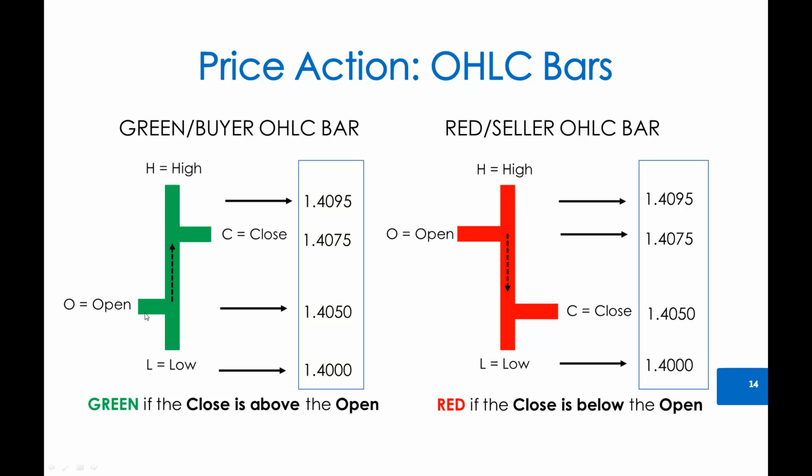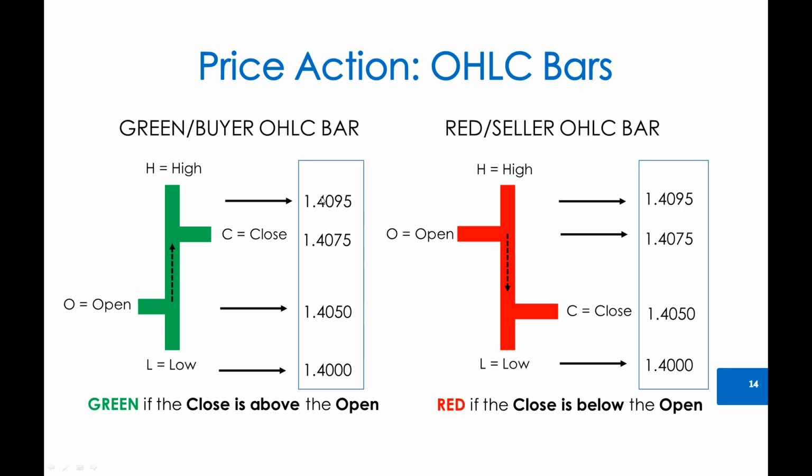So let's say, for example, that this OHLC bar gave a description of the action the price took on a daily price chart. This bar would be worth a period of 24 hours. So within a period of 24 hours from the market open, the market opened here at 1.4050.